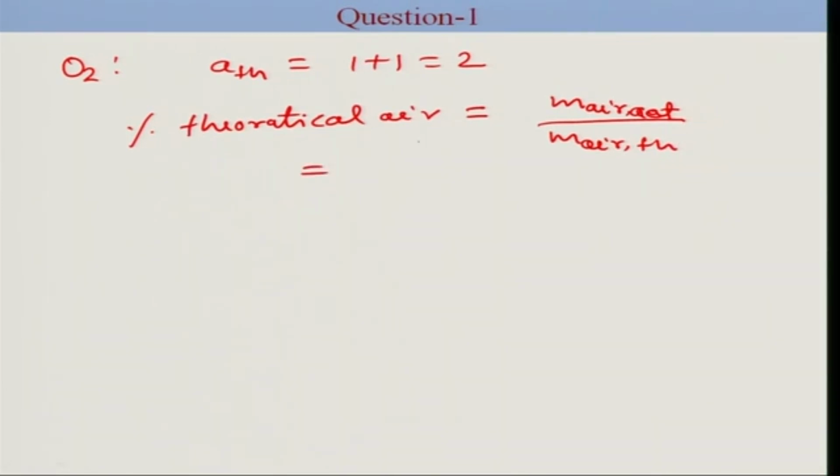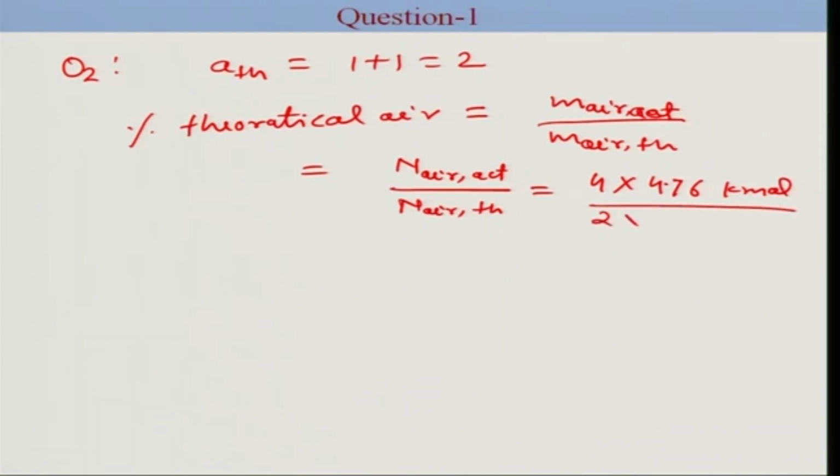This is equal to actual moles of air divided by theoretical moles that we have used in the complete combustion. So 4 into, now we know actual moles of air, which are 4 into 4.76 kilomole, divided by 2 times 4 into 76 kilomole.